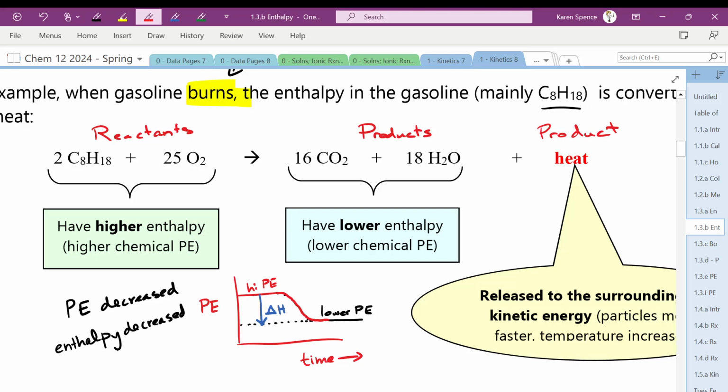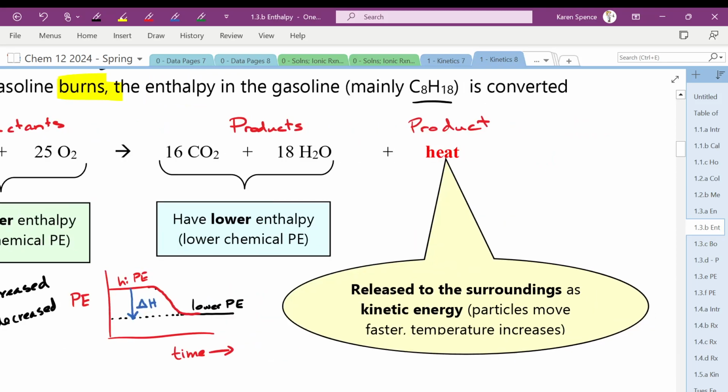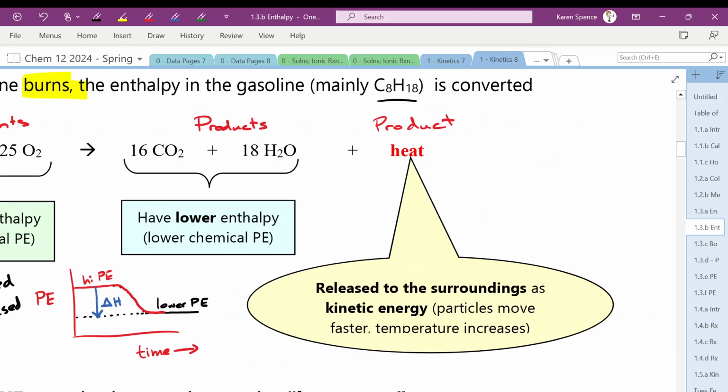It feels warm because the air particles are moving faster, right? And so when they bash into your hand, they bash into your hand with more energy, which makes your hand feel warmer. Yes? And so it is that extra kinetic energy that you feel as heat. Okay? So that's why we call it the heat term, because that heat is being released to the surroundings.